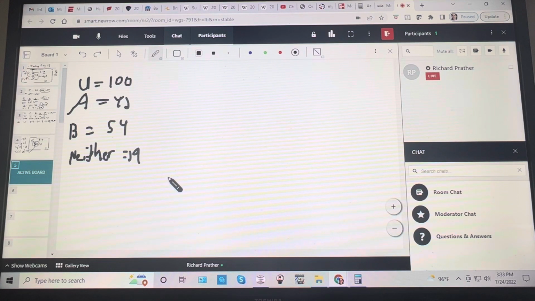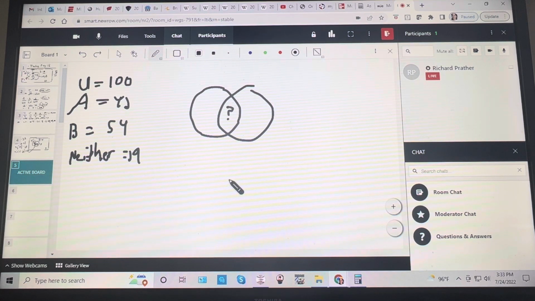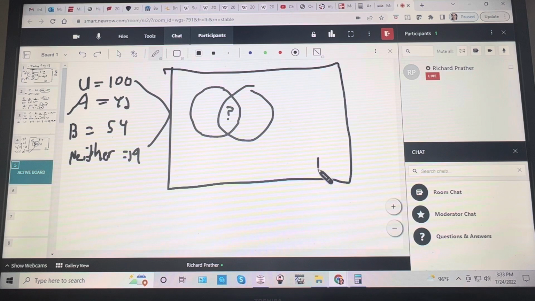We normally put the both in first, but that's what we're looking for. So this is the unknown this time, so we don't know this middle portion. But 100 minus 19 is this outside portion. They speak some other language. They don't speak French or Spanish. So 100 minus 19 is how much total there is in all 3 sections of the circle.